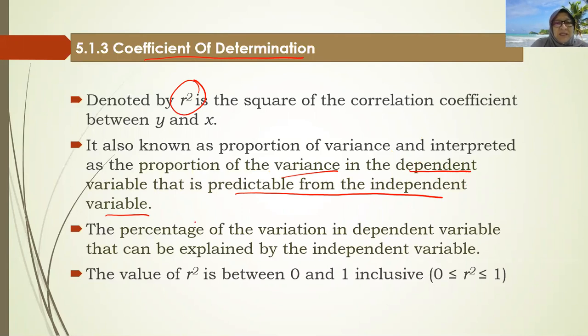Normally, to interpret the value of the coefficient of determination, we use percentage. In other words, it is the percentage of the variation in the dependent variable that can be explained by the independent variable. The value of R squared is between 0 and 1. Before this, R is between -1 and 1, so for R squared, it is between 0 and 1.